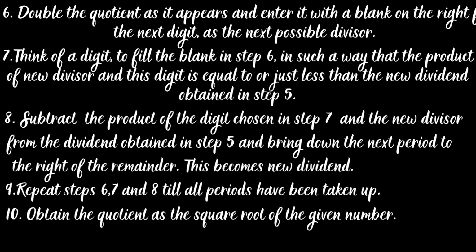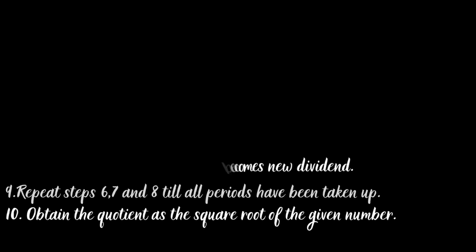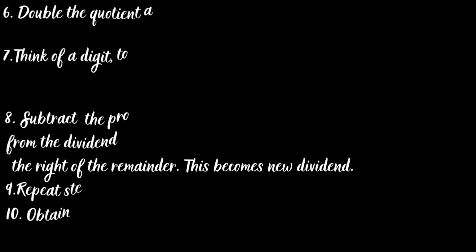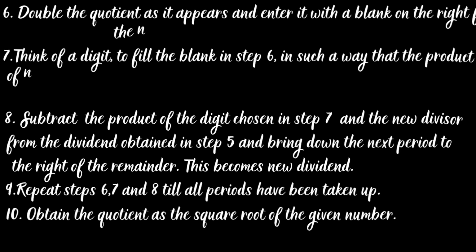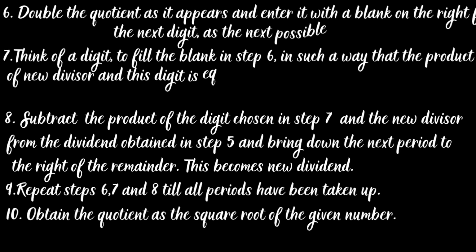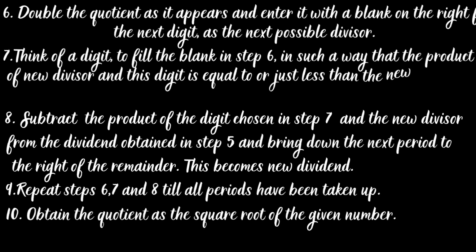Now step number 8 is to subtract the product of the digit chosen in step 7 and the new divisor from the dividend obtained in step 5 and bring down the next period to the right of the remainder. This becomes a new dividend. Now you have to repeat steps 6, 7, 8 till all the periods have been taken up. And now obtain the quotient as the square root of the given number.